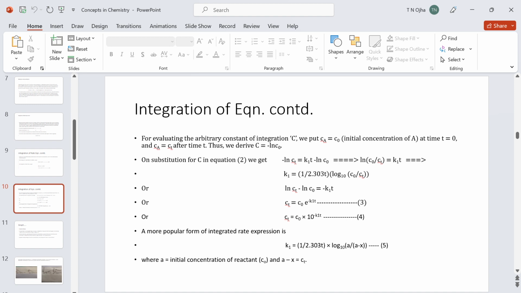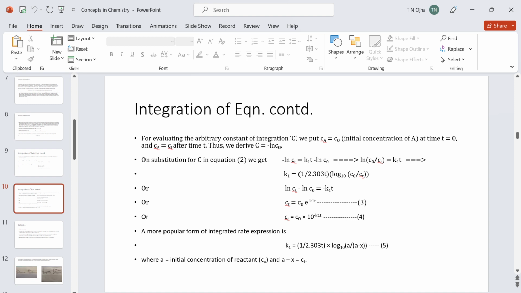That means at time t equal to 0, CA equals C0, initial concentration of A. And at time greater than 0, the concentration of reactant CA becomes Ct, t for the corresponding time. Thus we derive C equals minus ln C0.